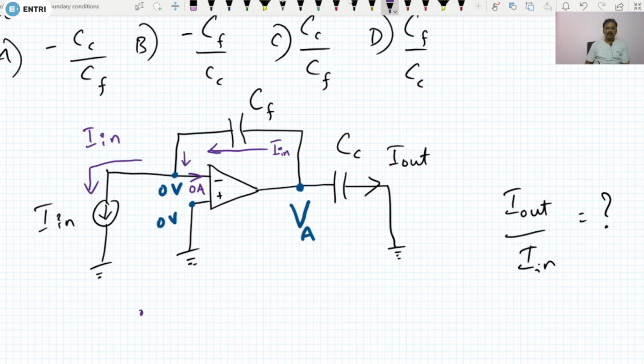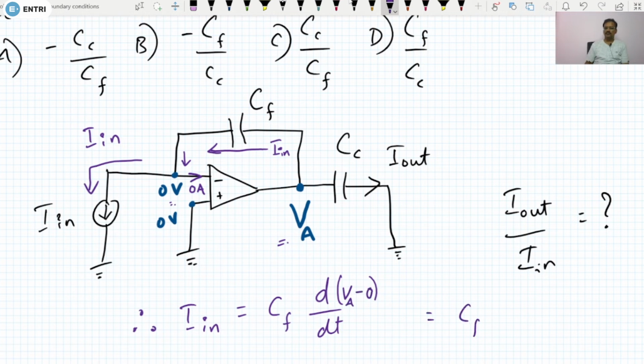So therefore I in is equivalent to, what is the expression for I in? This I in is the current through the capacitor CF. So that is CF into d by dt into the voltage across the capacitor. Here you have VA and here you have the voltage 0. Since the current is flowing like this, you have to consider the voltage across the capacitor as VA minus 0.